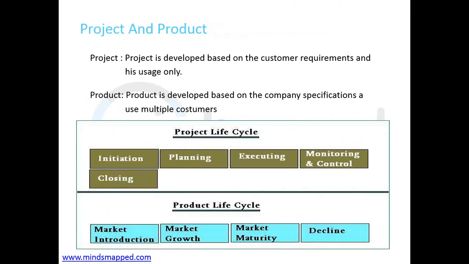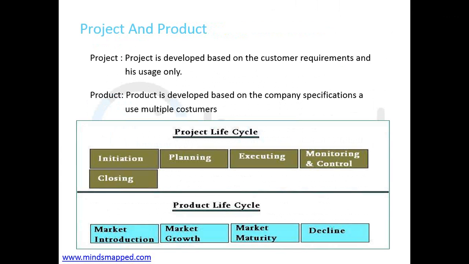The implementation engineer goes and installs it on the customer site, and then the monitoring and control process starts. After the product is stable for a certain amount of time, we close the project and start working on other projects. So a project is nothing but a company developing software or an application based on customer requirements and his usage only.